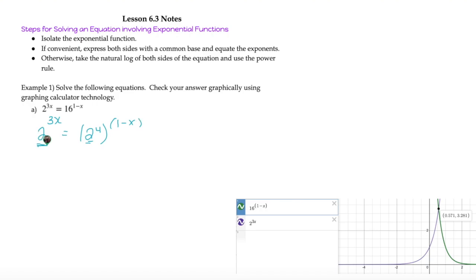Now that our bases are the same, we can utilize the one-to-one property from lesson 6.2 on that very first page at the bottom. I had said we're going to utilize this property when we're solving. As long as the bases are the same, we can say that their exponents must be the same. And then it's got a nice linear equation at this point that we can solve.